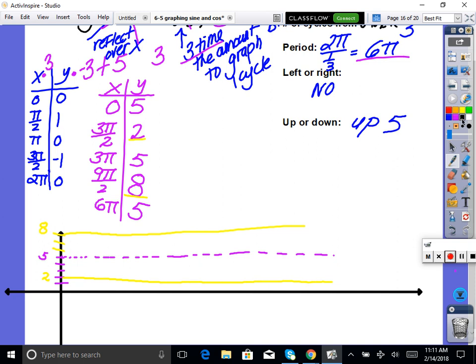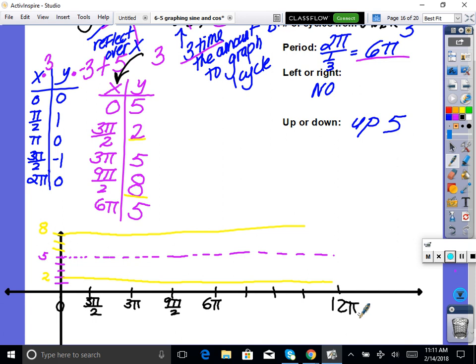And now we would fill in our x-axis, which literally is so easy since there it is. First point was 0. Next point, 3 pi halves. Next point, 3 pi. Next point, 9 pi halves. 6 pi. So now let's say I said to graph 2 cycles. I would go another 1, 2, 3, 4 tick marks and that'd be at 12 pi, would it not?